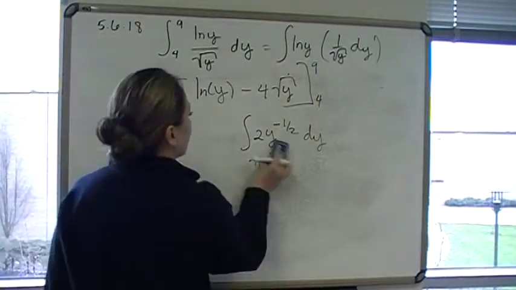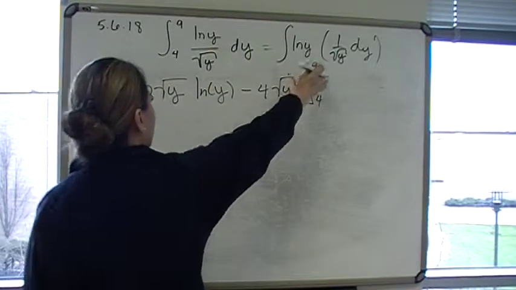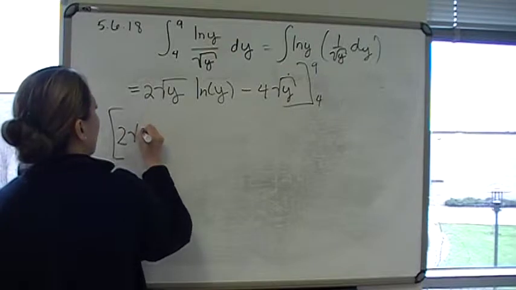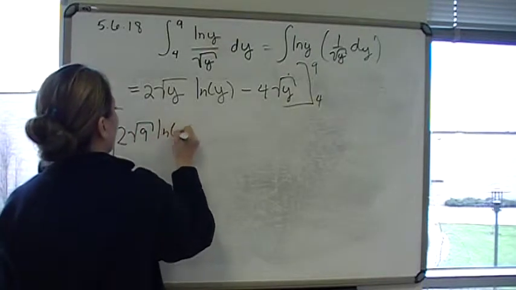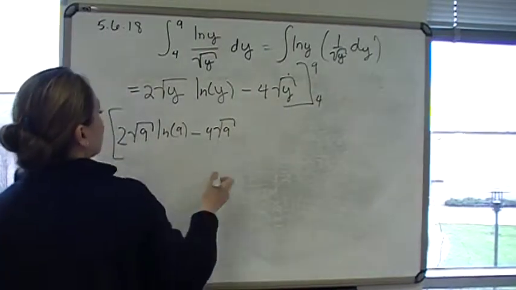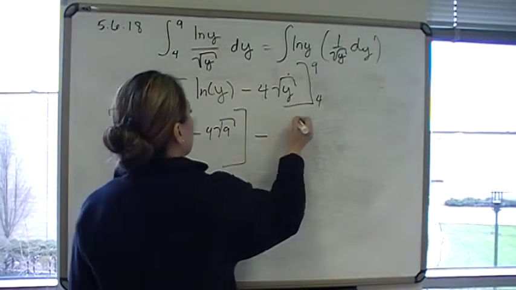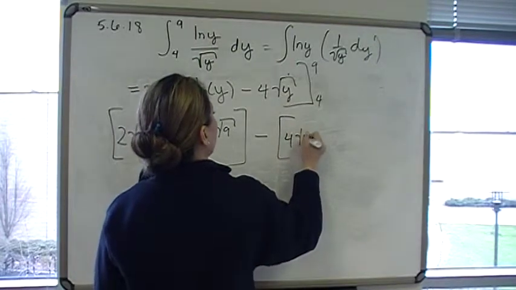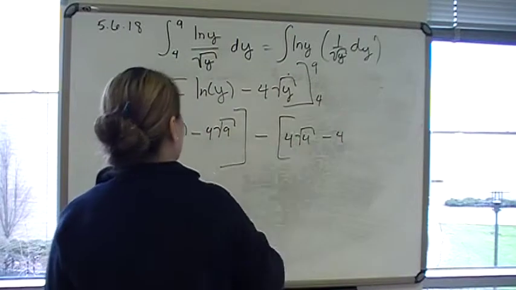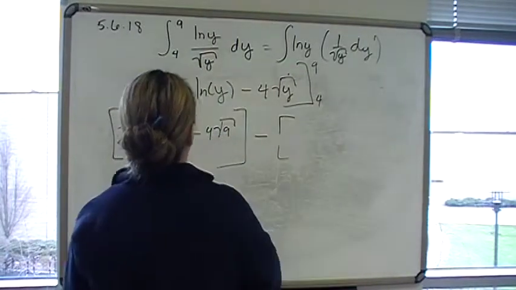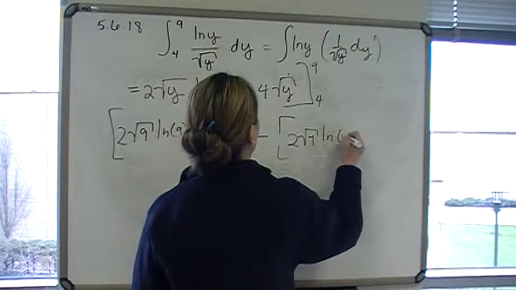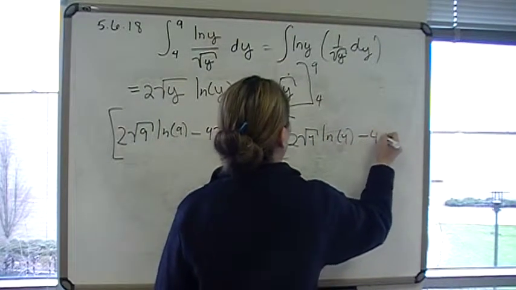Okay, so what do we get when we evaluate that? Evaluating at 9, we have 2 root 9, natural log of 9, minus 4 root 9, minus, evaluating at 4, 2 root 4, natural log of 4, minus 4 root 4.